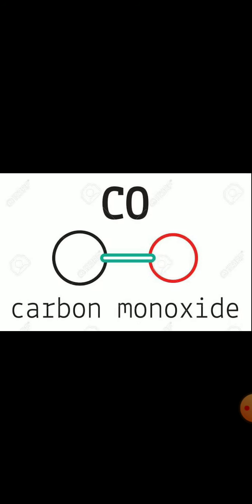If the combustion takes place in insufficient air, that is insufficient oxygen, and we know that is called incomplete combustion, at that time the product will not be carbon dioxide, the product will be carbon monoxide. So when there is combustion in insufficient air or oxygen, carbon monoxide is formed.